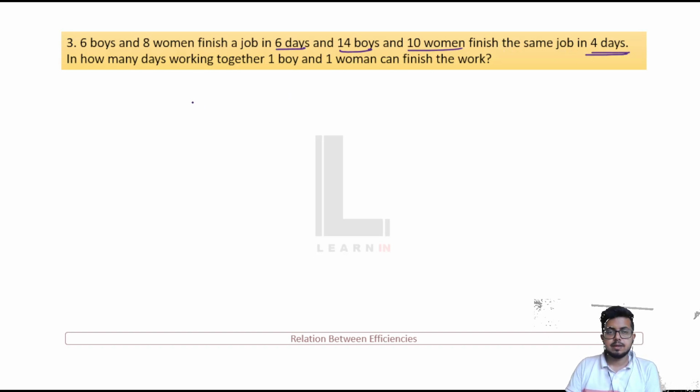Now there are 6 boys and 8 women, and they are completing the work in 6 days. Now we have been asked, 1 boy and 1 woman can finish the work in how many days?